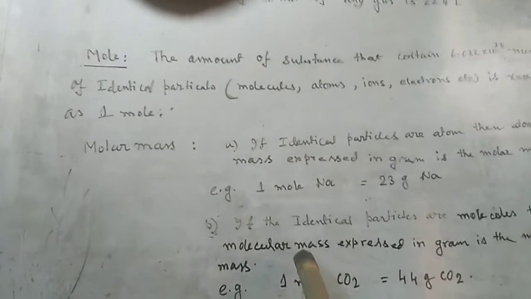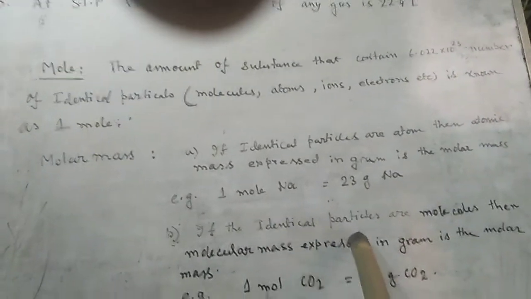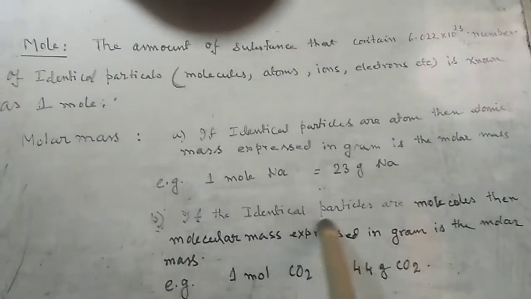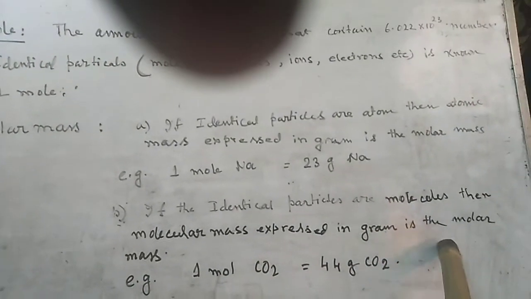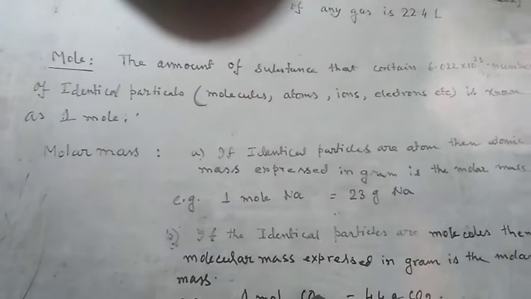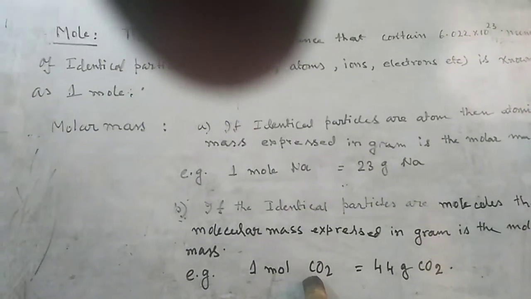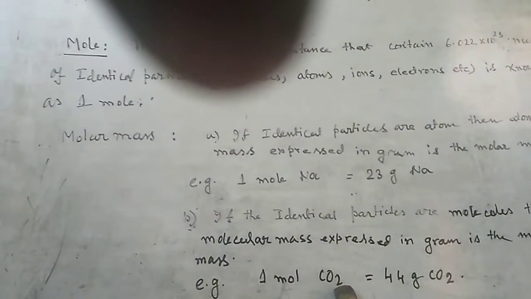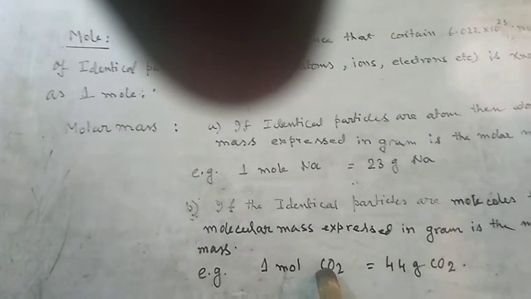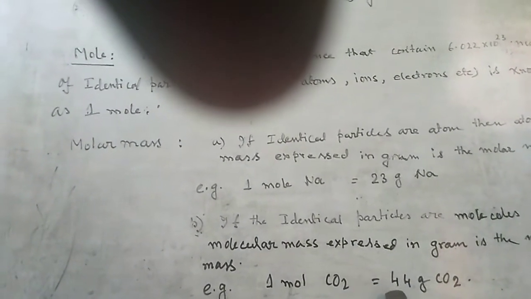But if the identical particle is a molecule, then the molecular mass expressed in grams is the molar mass. For example, carbon dioxide exists as a molecule, so its molecular mass is 12 plus 32, that is 44. The molar mass is 44 gram. Clear?